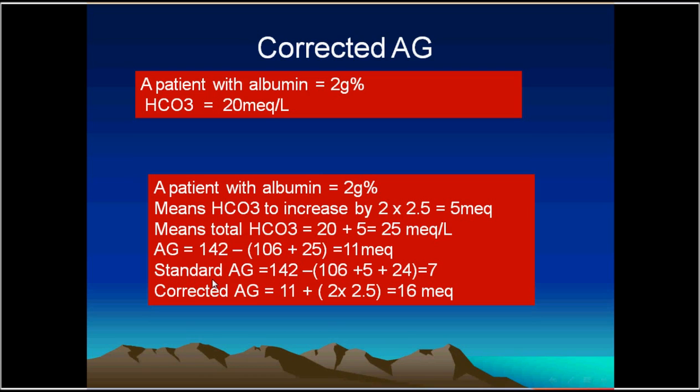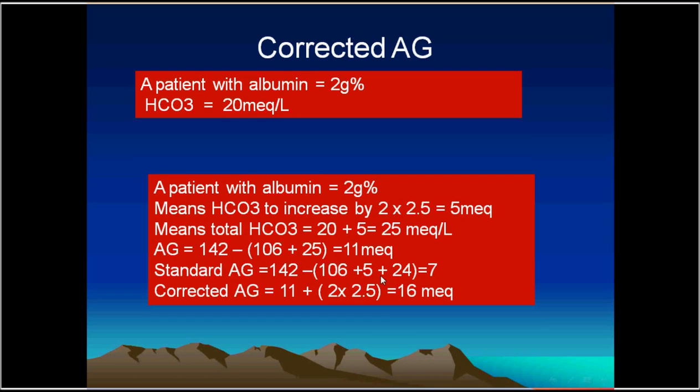The standard anion gap for this patient, what is his actual anion gap? With this hypoalbuminemia, this is the sodium, this is the chloride, and the bicarbonate is normal, 24.